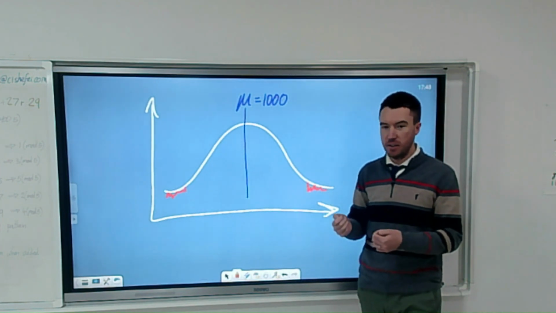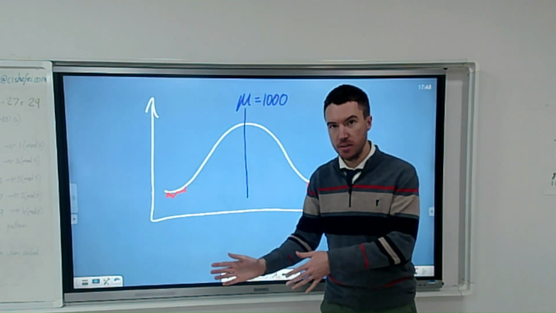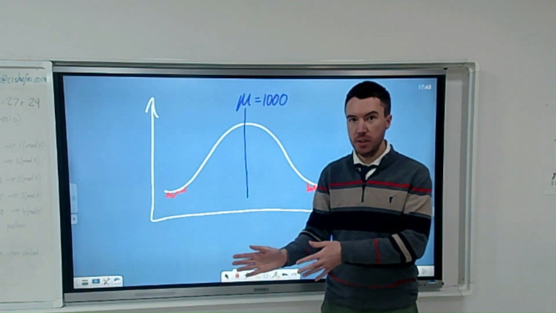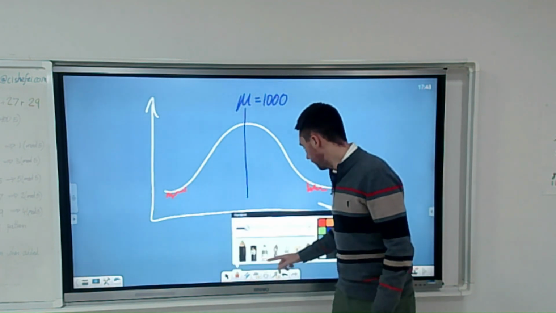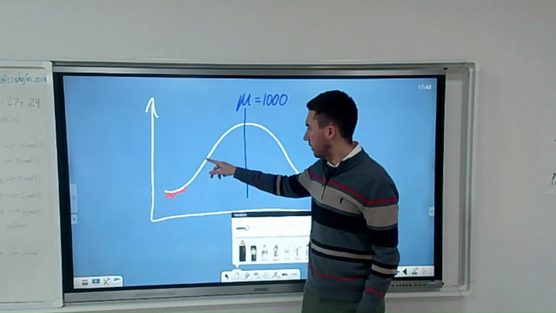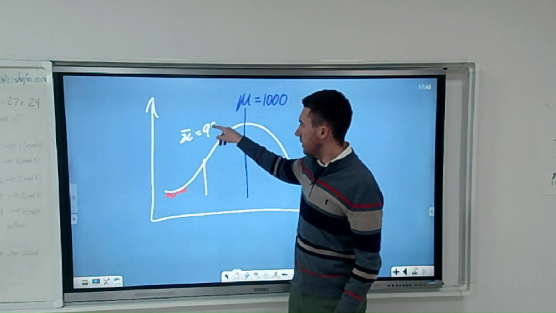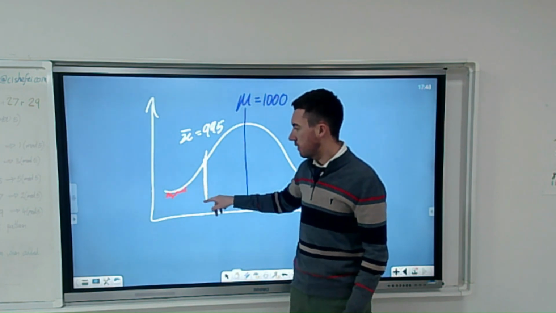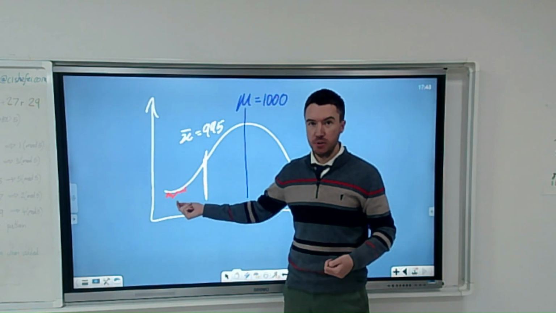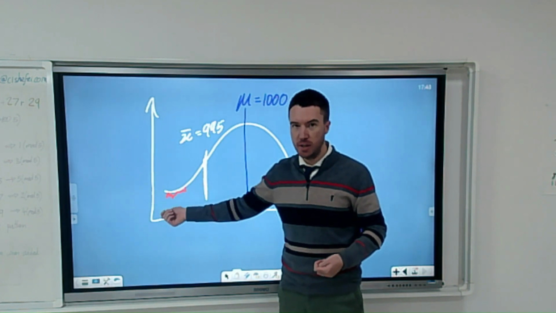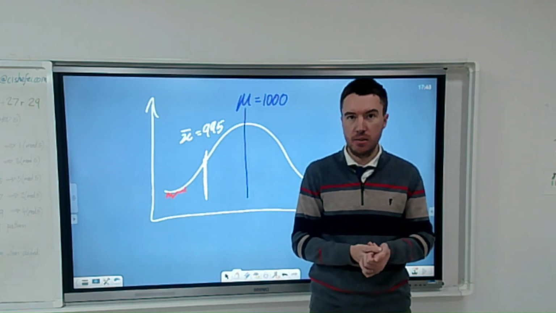So if we're doing a calculation for a question, we follow the exact same process, but our significance level changes. In our last question, our sample mean was 995. Say it's here. We would not be trying to find if this is lower than 5% anymore. We would be trying to find if it's lower than 2.5%. This is for a two-tailed test. And that in practice is the only difference.